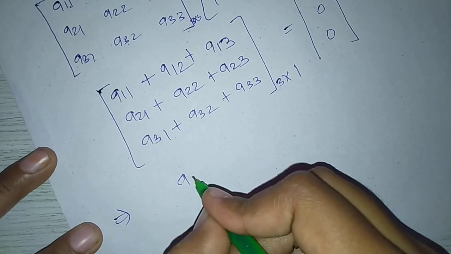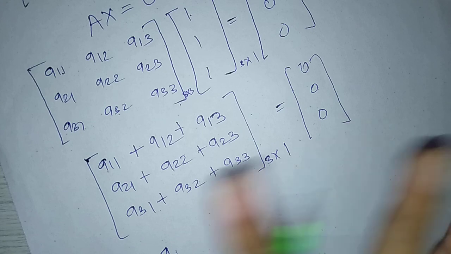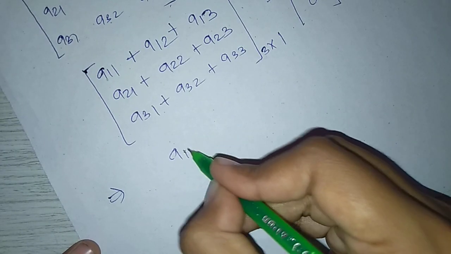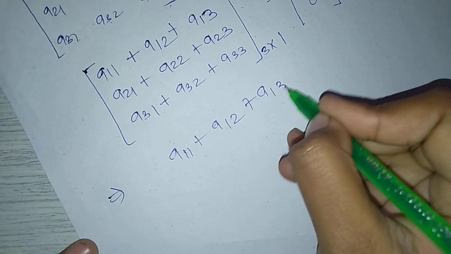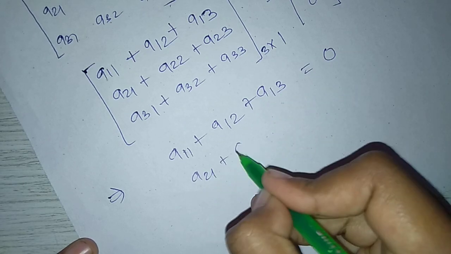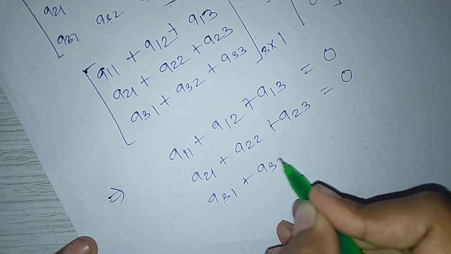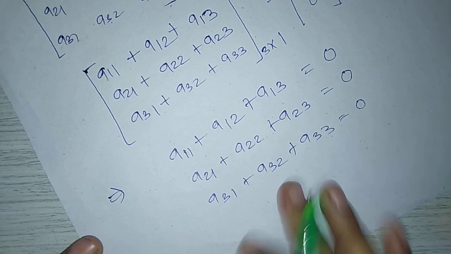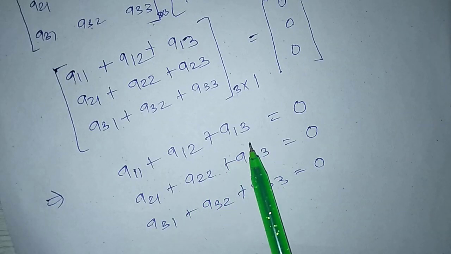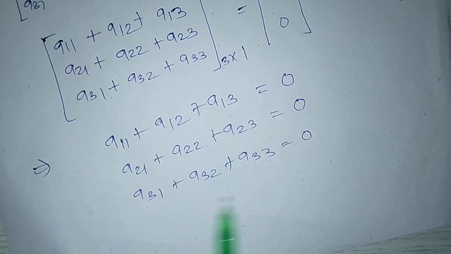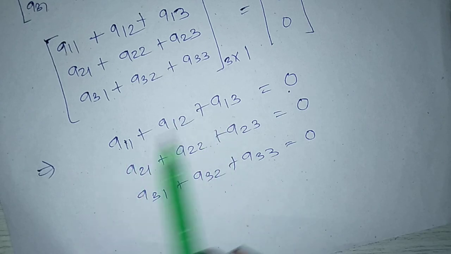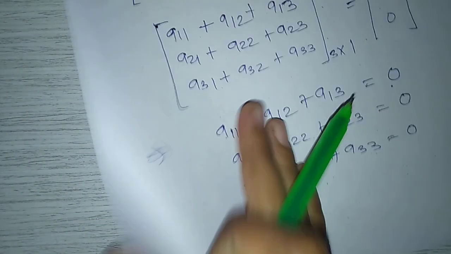By comparing the entries of these two equal matrices, A11 plus A12 plus A13 equal to 0, A21 plus A22 plus A23 equal to 0, A31 plus A32 plus A33 equal to 0. We have to find values of the entries such that each row's three entries add to 0.